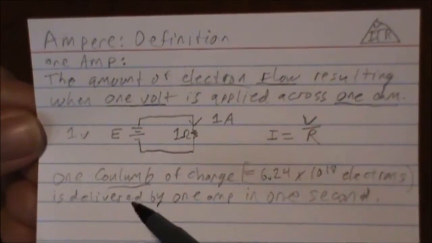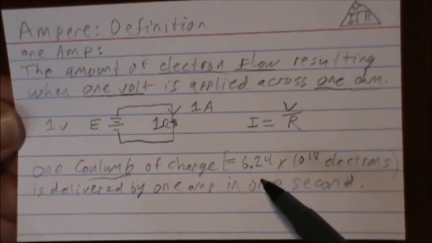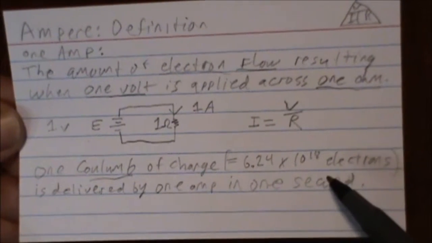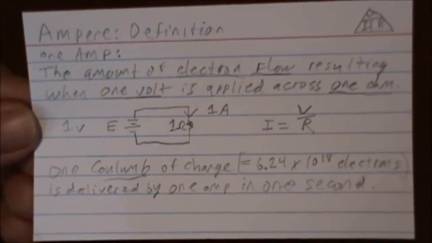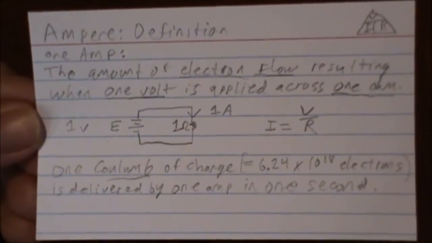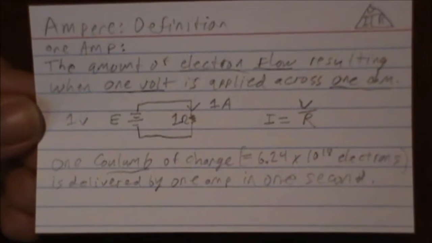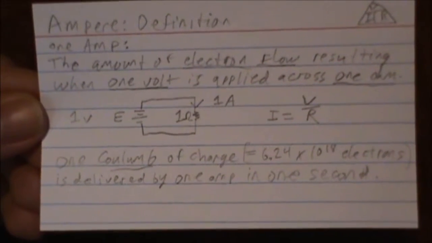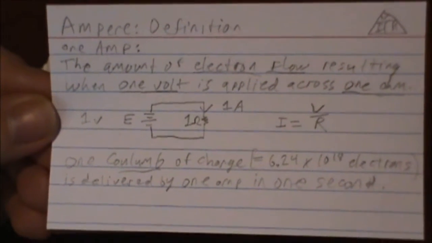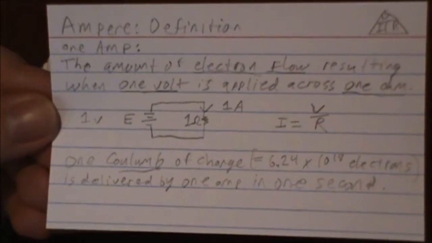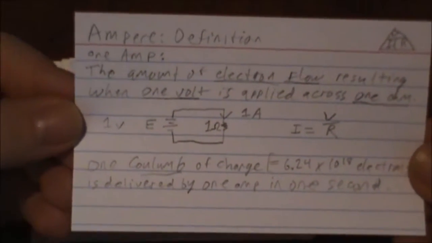And there's this guy called Coulomb, C-O-U-L-O-M-B. 1 coulomb of charge, which is 6.24 times 10 to the 18th electrons, is delivered by 1 amp in 1 second. An amp is a rate of flow. It's how fast your electricity is going. Think of electricity like water in a river. How fast the current is means how fast the water is passing a specific set point.